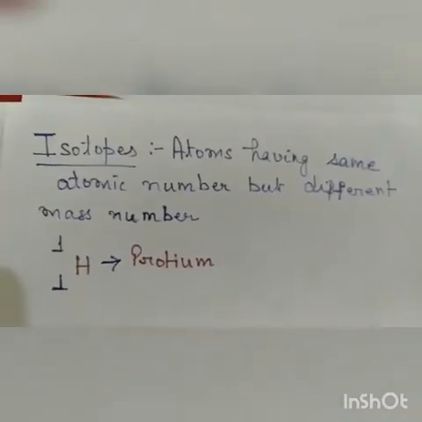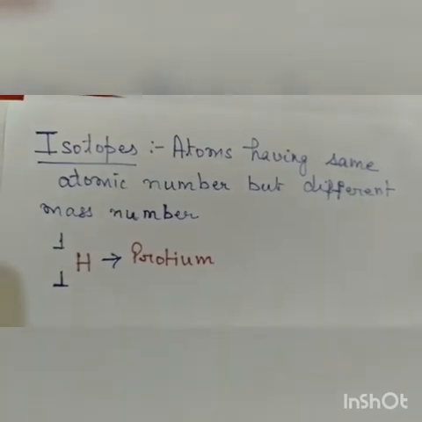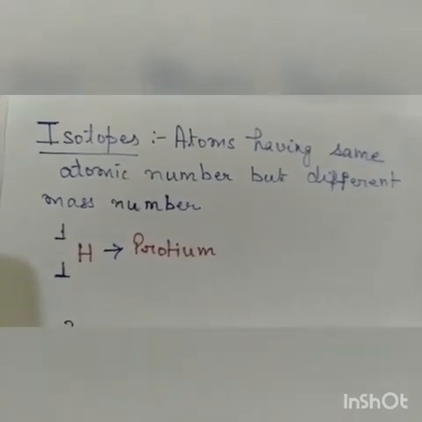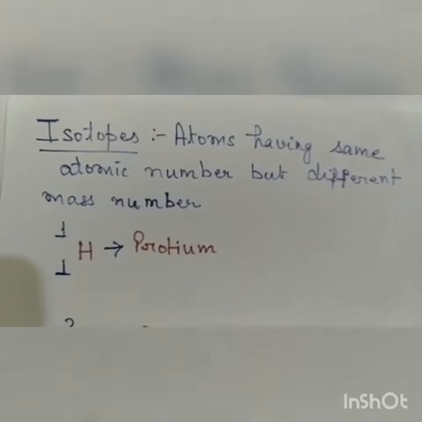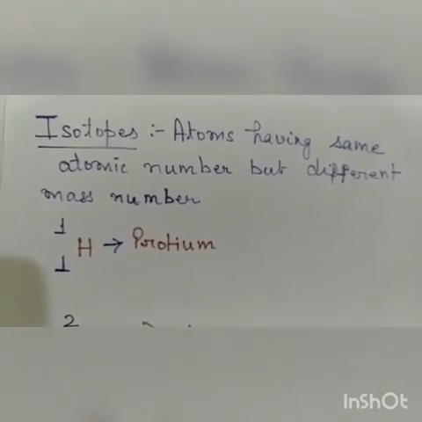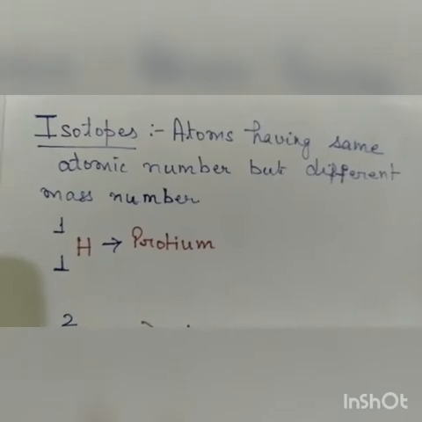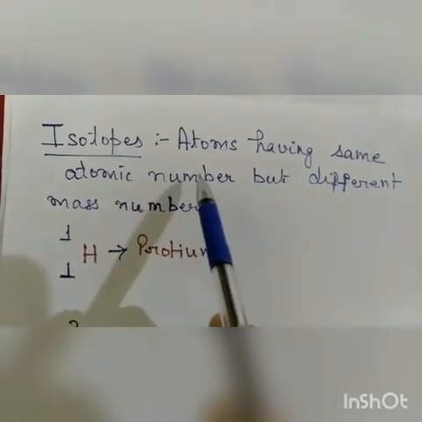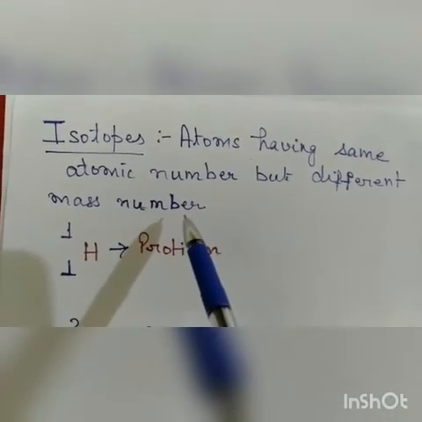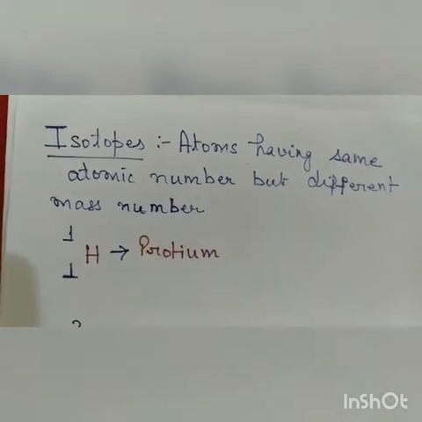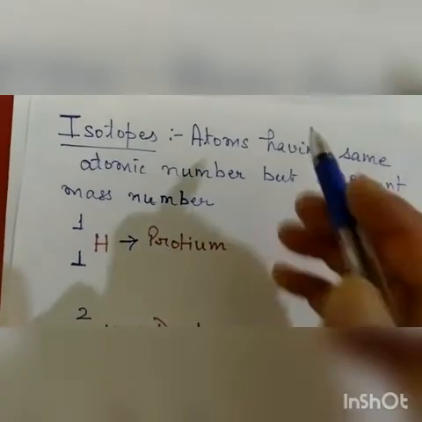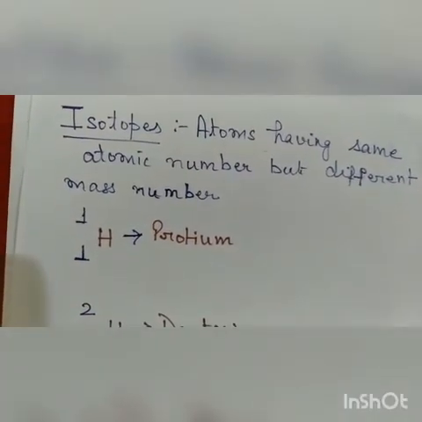What are isotopes? Now students, most of the elements have more than one type of atom. Those atoms have the same atomic number but different mass number, and they are called isotopes. So isotopes are atoms having the same atomic number but different mass number. Why is there a difference in mass number? It means the neutrons are different.